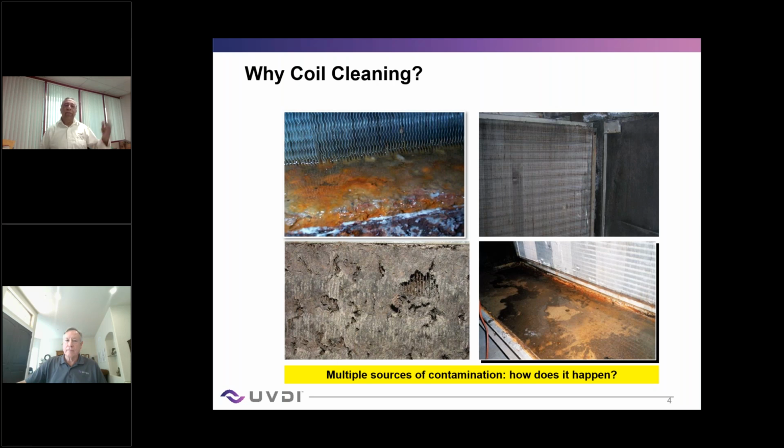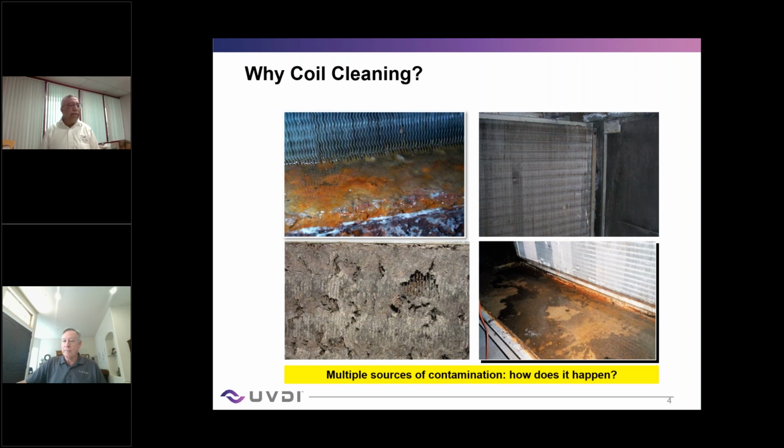Of course, we have contaminated air outside. We have air being recirculated inside the building, coming back to the coil. Maybe you don't have great filters, or even if you have filters, when you change them out, you've left an opening and you're basically allowing stuff to come in. And then, of course, the cooling coil itself and the water is a perfect breeding ground.